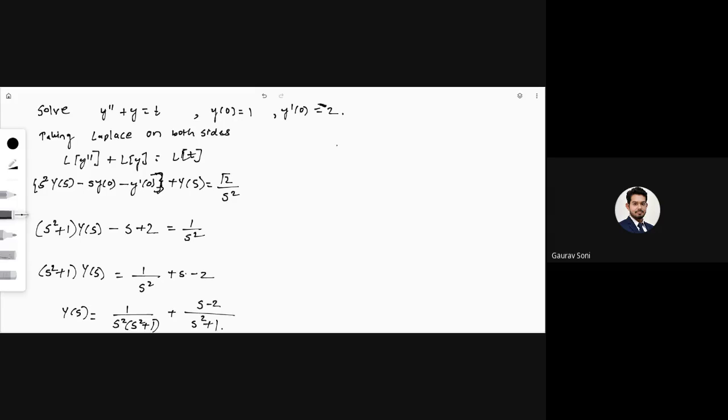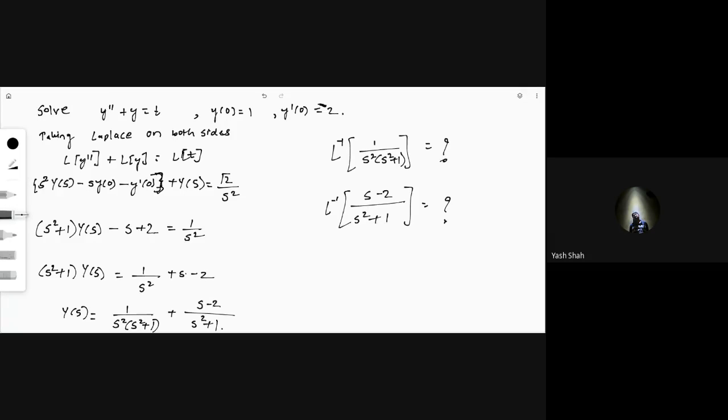So I have two questions now. Can you take Laplace inverse of 1 upon S square plus 1, and Laplace inverse of S minus 2 upon S square plus 1? Sir, we can take S minus 2 upon S square plus 1 directly. How can we take it directly?